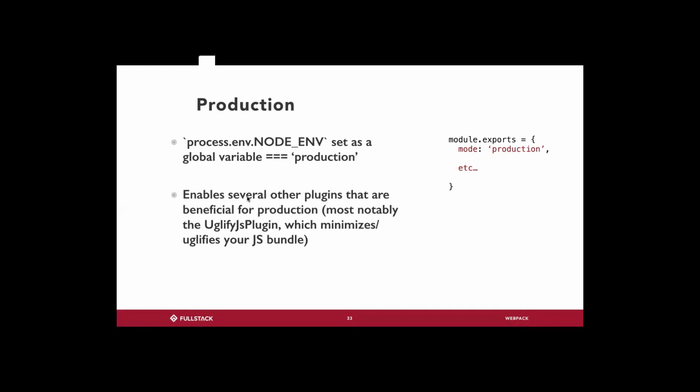It doesn't do that yet, though I think Parcel does, to give a plug for Parcel, if I'm not remembering incorrectly. So right now, if you want to minimize your bundled CSS as well, I think you just need to use another plugin.